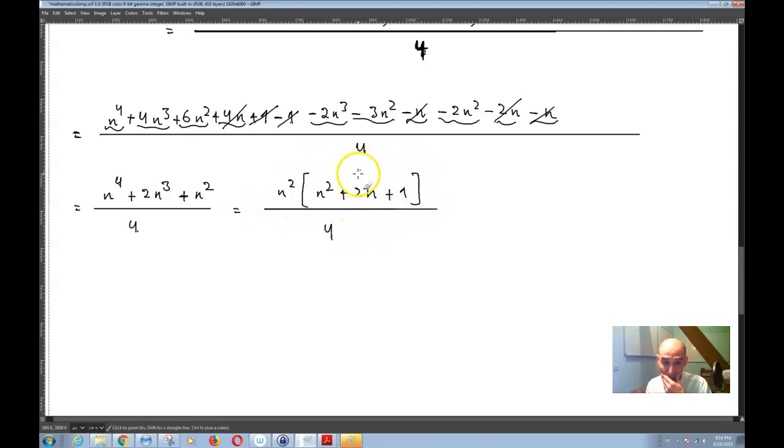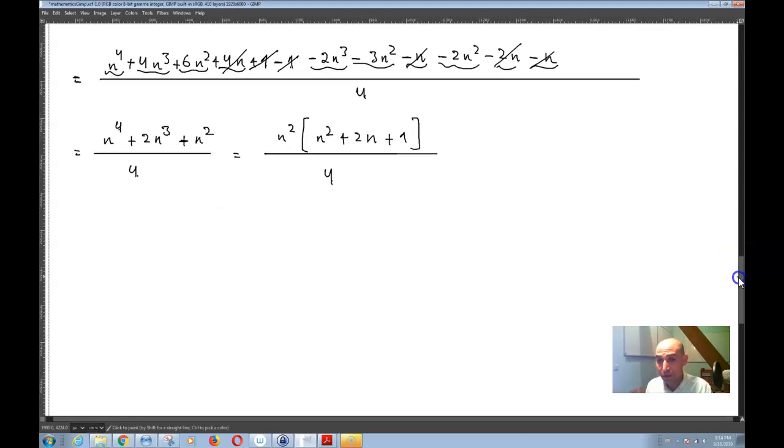And if I factorize this expression, n squared plus 2n plus 1, I'm not sure if that's possible, but let's see.